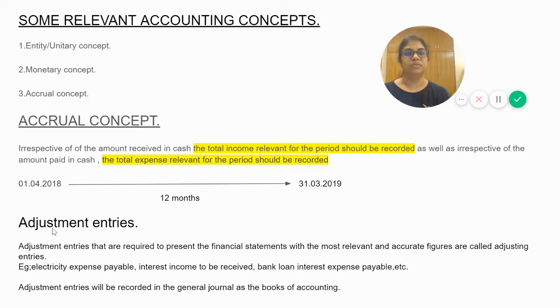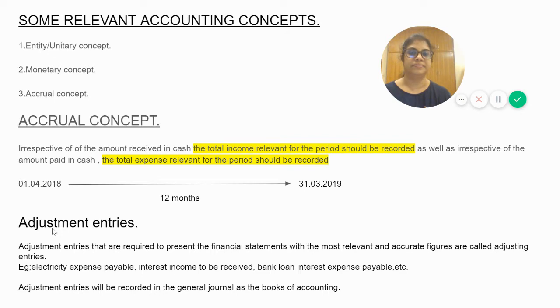According to the accrual concept, whether or not we have received the incomes and expenses during the period, when you are preparing the profit or loss and the statement of financial position, we are supposed to consider the total incomes and total expenses relevant for the period, and accordingly the changes which will arise in the assets, equity and liabilities.